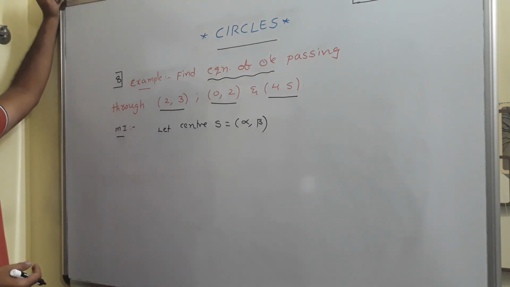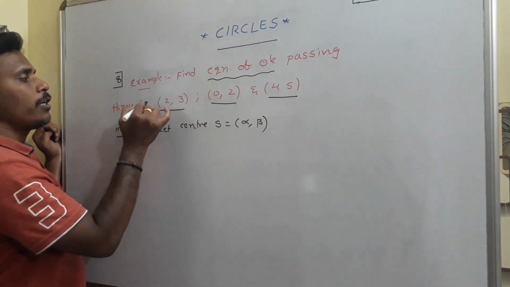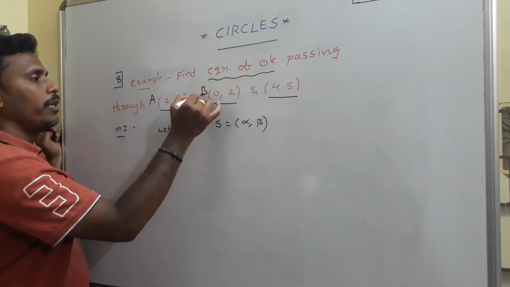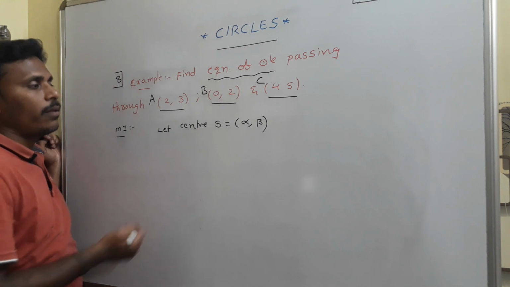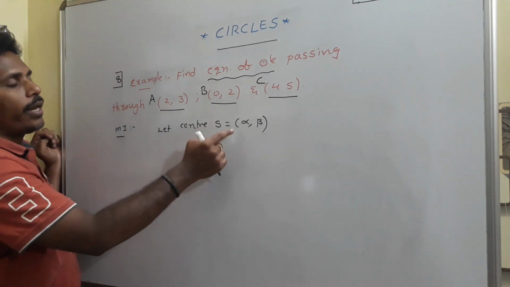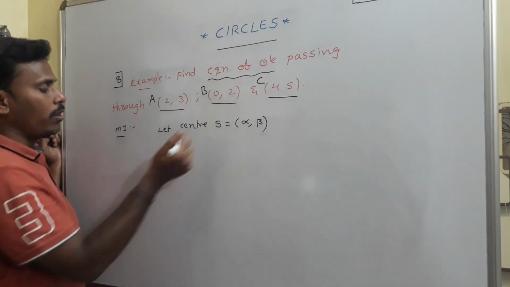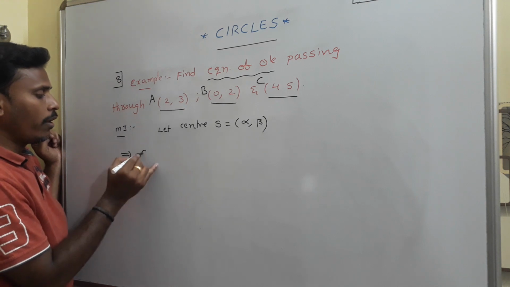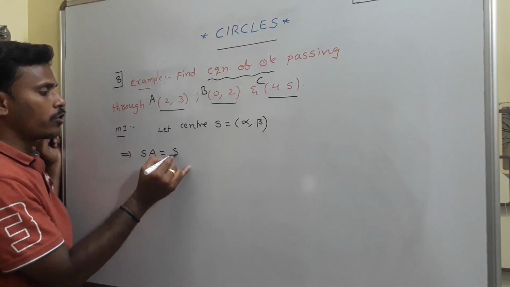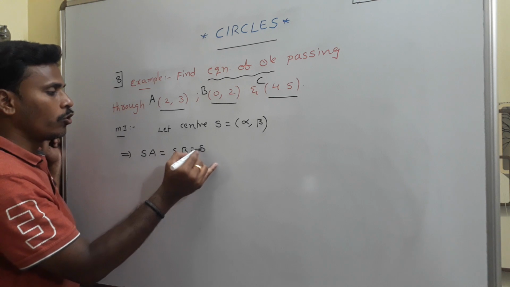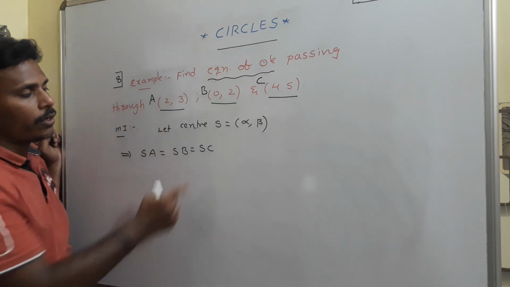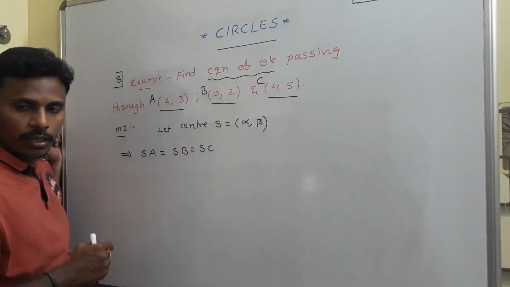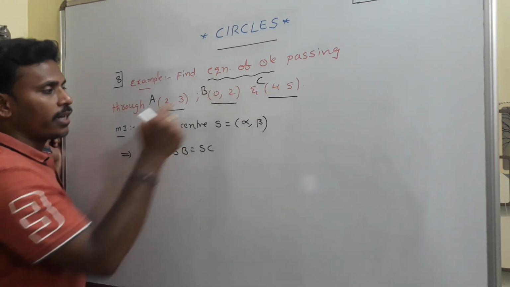Mark these 3 points as A, B and C. A, B, C are 3 points on the circle. S is its center. It is very clear that S is equidistant from all these 3 points. So we have SA equals SB equals SC. The distance from the center to A is equal to the distance from the center to B is equal to the distance from the center to C.